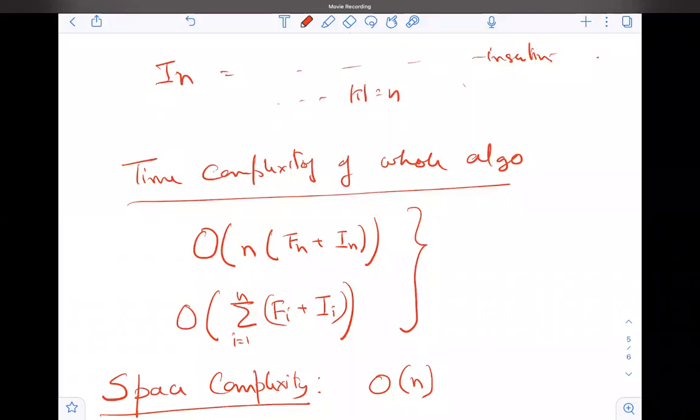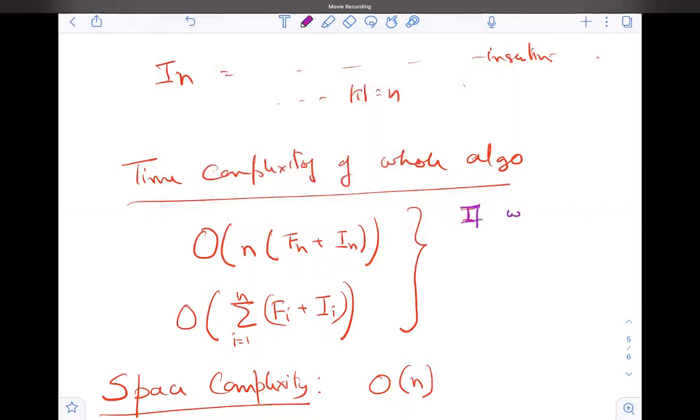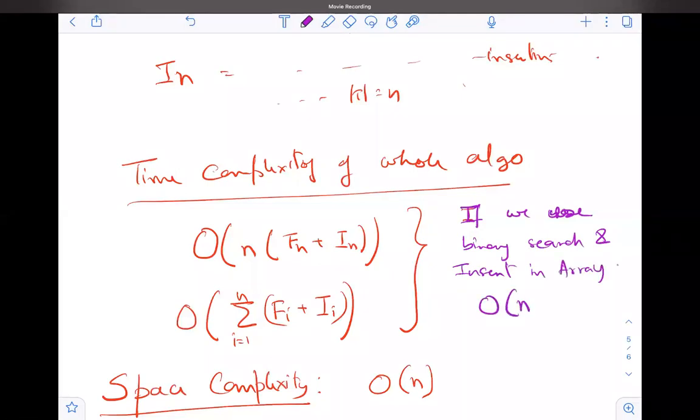So this becomes order n squared. If we use binary search and insert in an array, then this becomes order n squared, and this is exactly what insertion sort does.